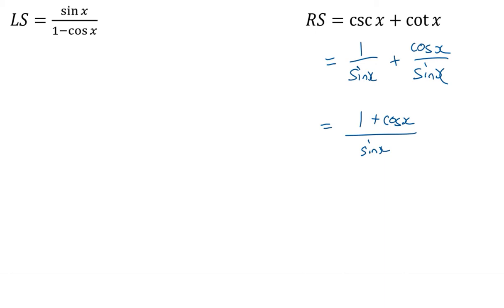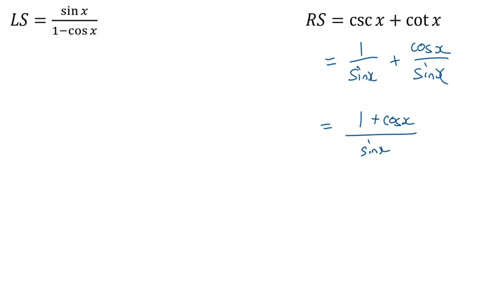So when I see that this has a 1 minus cos x in the denominator on the left side, and the right side has a 1 plus cos x in the numerator, once this occurs to you, you might realize that this is the right thing, because you might see a couple of steps ahead and realize that this is going to work out. And when you've done enough of these, it's not that far off to recognize that this is going to be the step that we need to do.